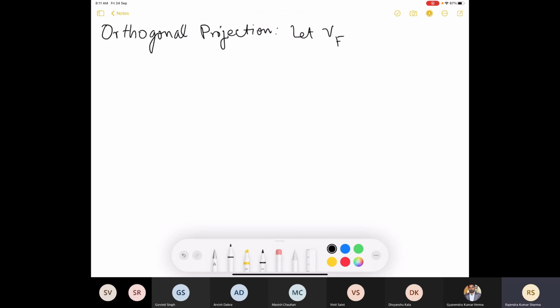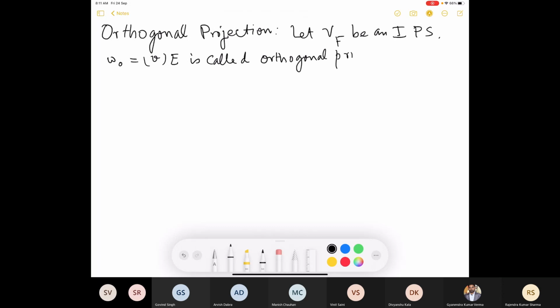So once again, let V over F be an inner product space over F. The vector W naught, which we denote by VE, is called the orthogonal projection of V on W, where W is a subspace of V. We shall define what this map E is.